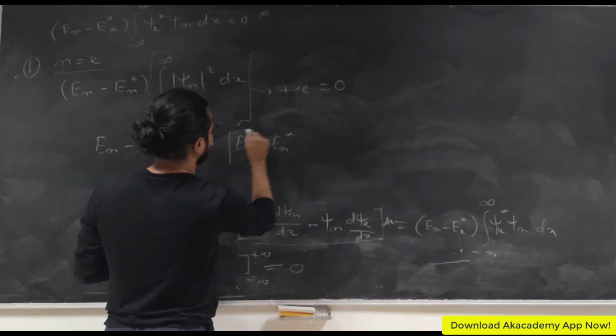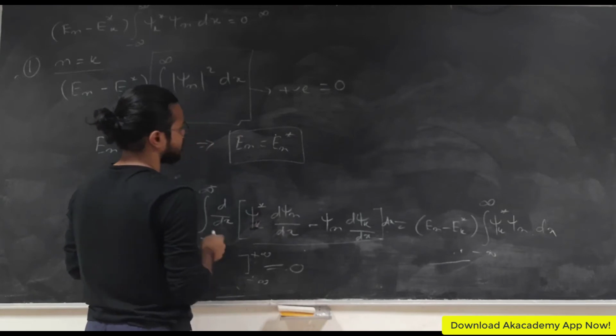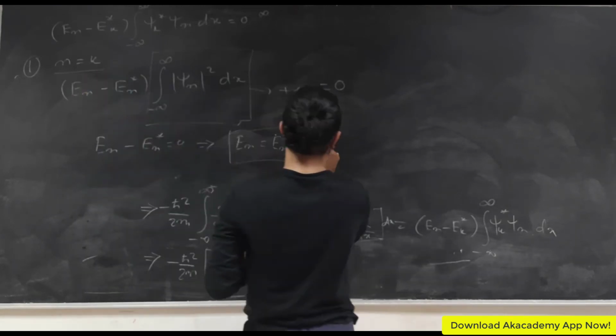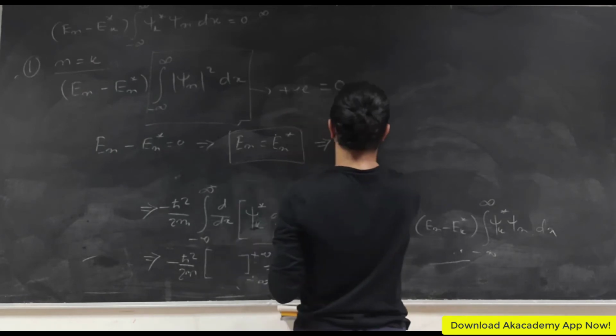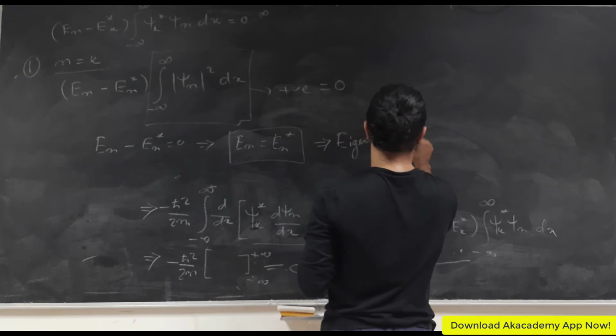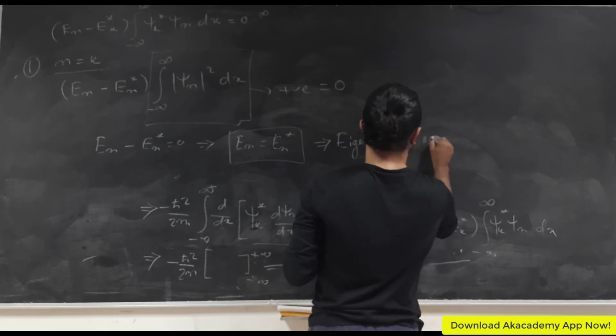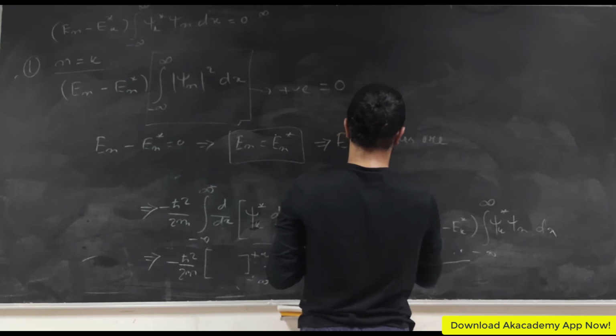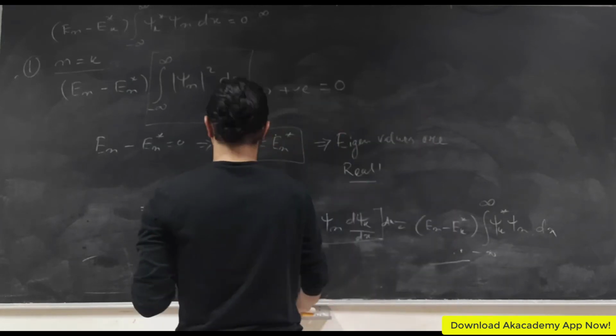So the conclusion is that when n is equal to k, all our eigenvalues are real. This is our first result.